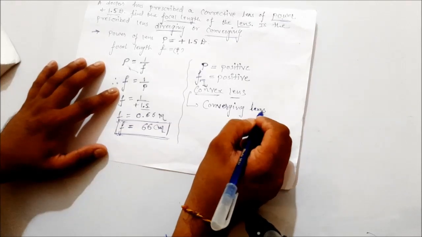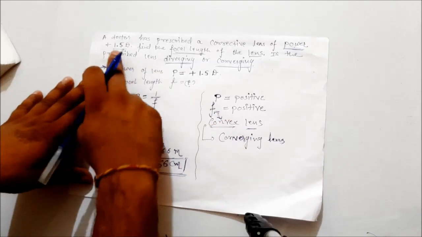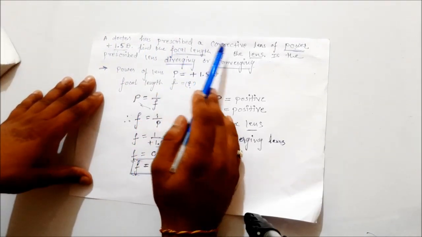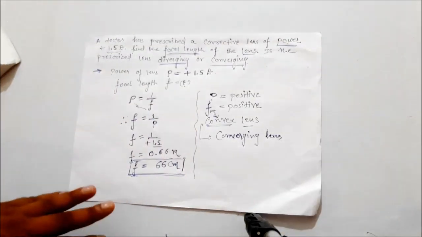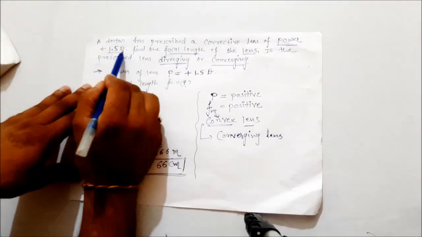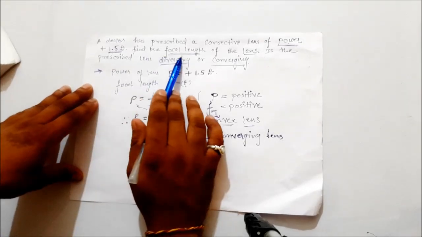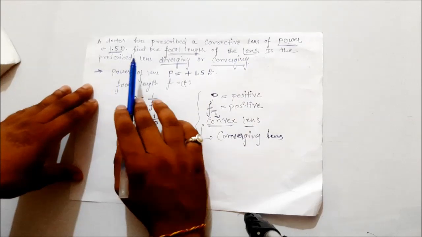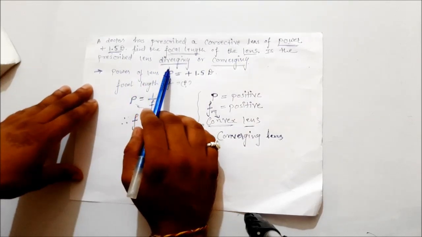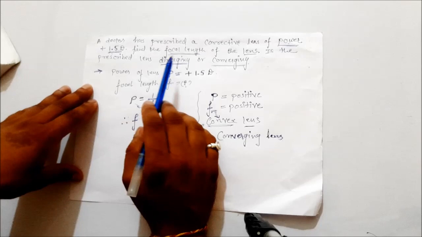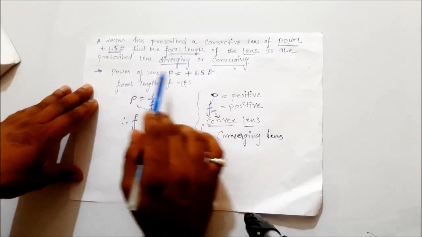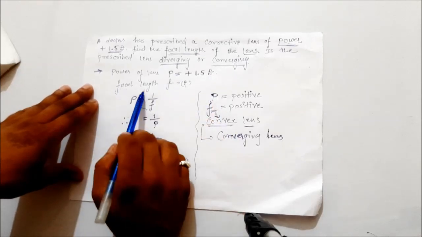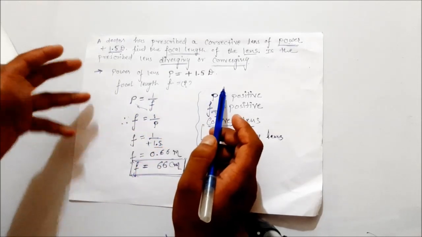Again, I am repeating the question. A doctor has prescribed a corrective lens of power positive 1.5 diopter. Find the focal length of the lens, and is it a diverging lens or a converging lens? Power P is equal to positive 1.5 diopter. Focal length F we don't know, that we have to find.